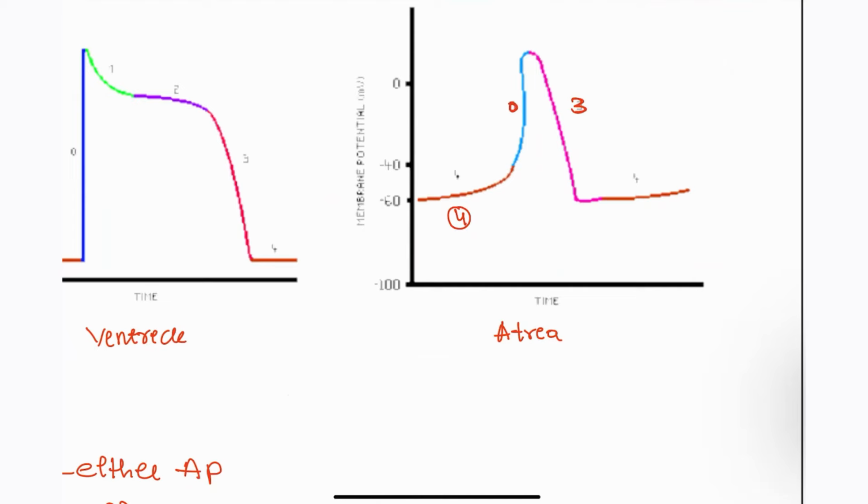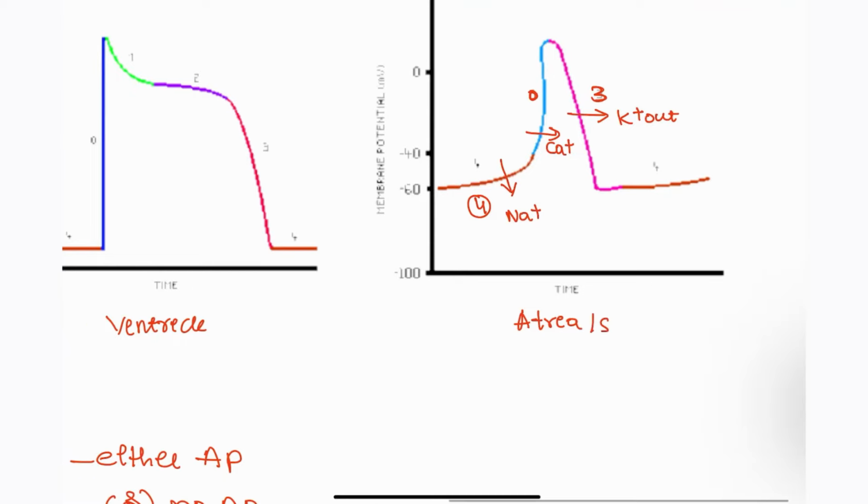Okay, in the fourth phase, there will be a potassium influx, and here there will be calcium influx. Okay, calcium influx will be seen in the zero phase, and here the repolarization will be due to potassium out. Okay, this is how the atria, or we can say SA node, action potential will be decided.